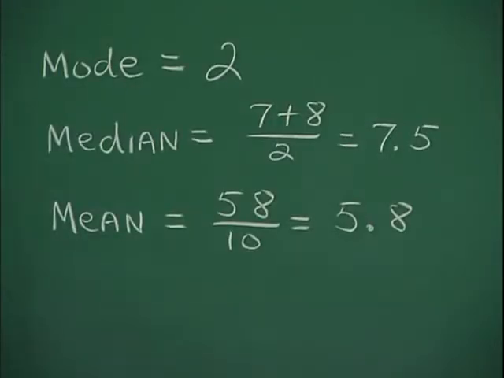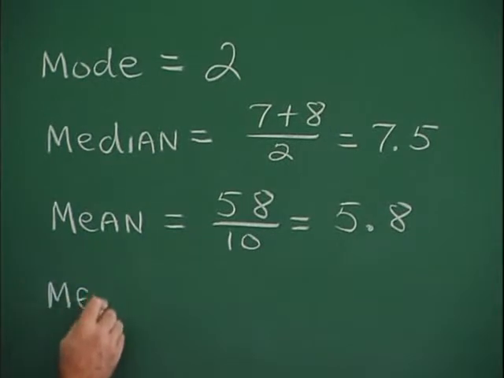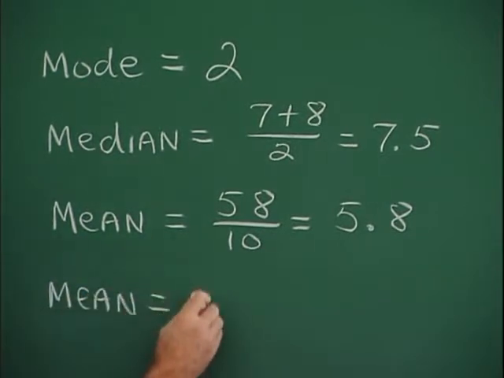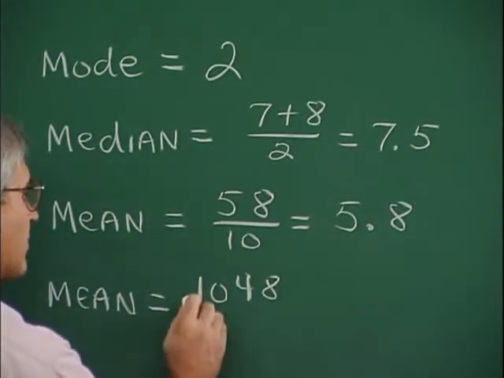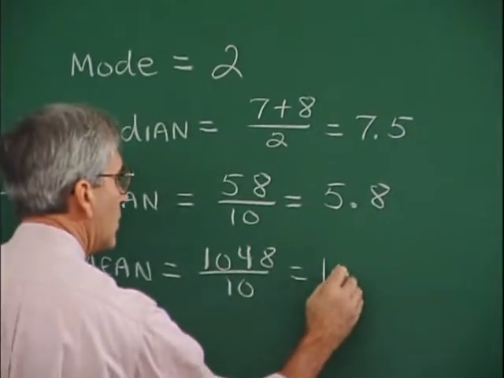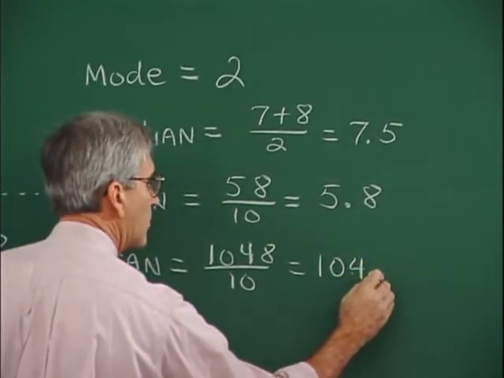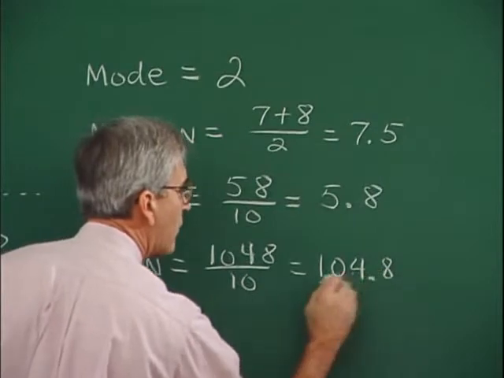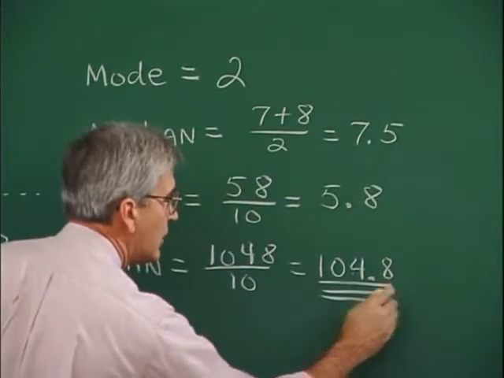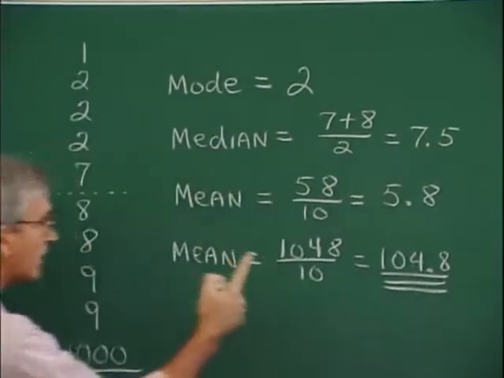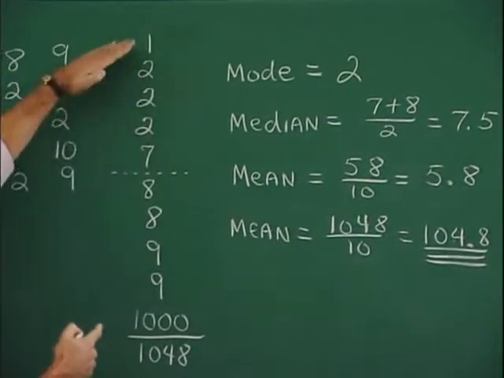And calculating the mean, we would have 1,048 divided by 10, or 104.8.